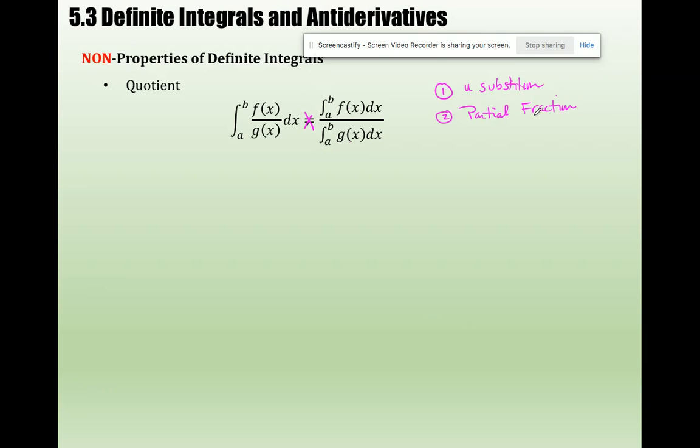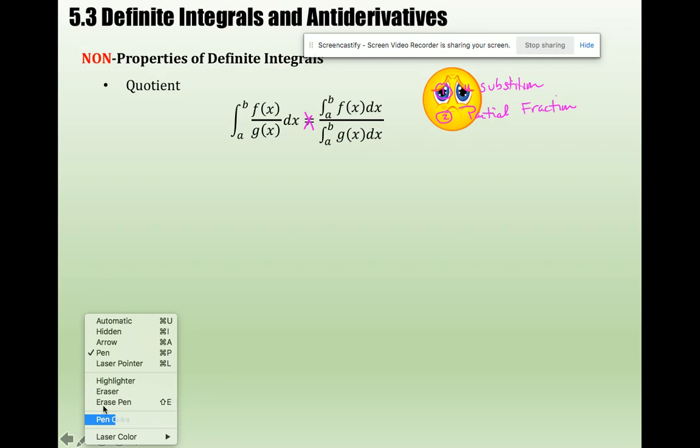It doesn't always work though. That's why there's no quotient rule. That's the thing with integrals. Unlike derivatives, I can give you any function and you should be able to take its derivative. Not all functions have an algebraic antiderivative. Kind of crazy. That makes me sad, right? I feel a little bit sad.